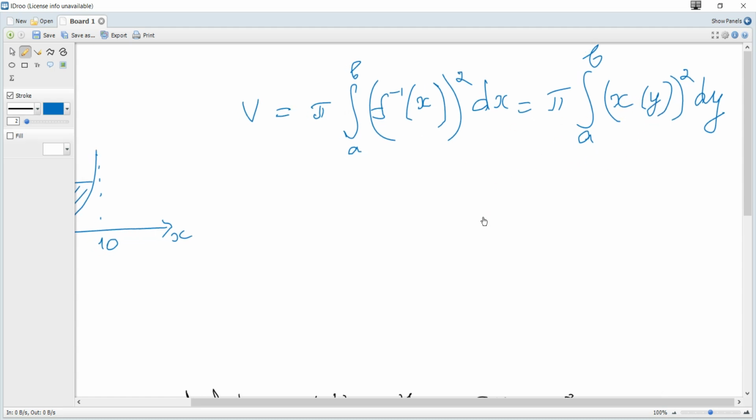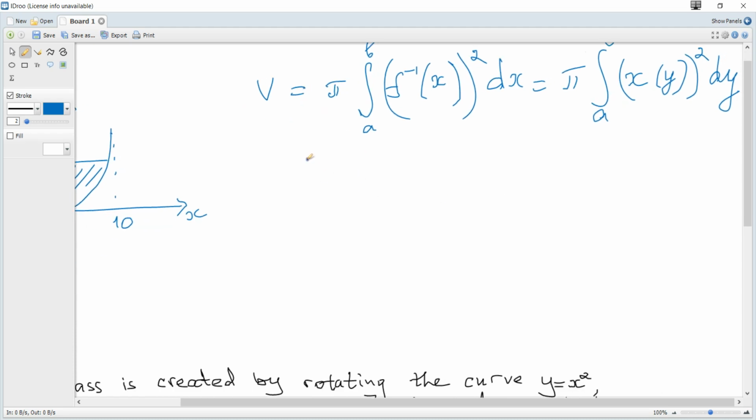So we will use this formula, and since our f of x or y is x squared, let's find the inverse. How to find the inverse?